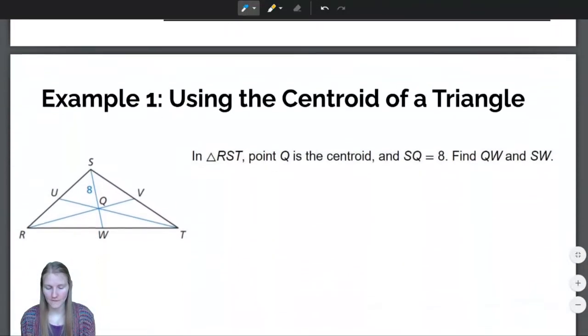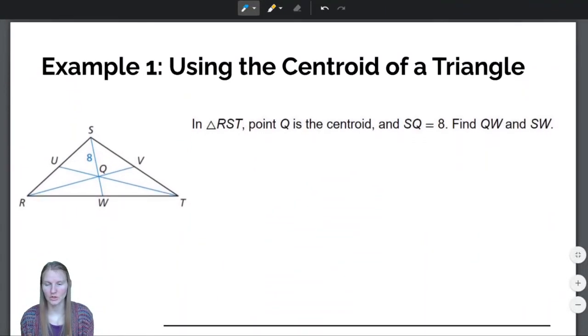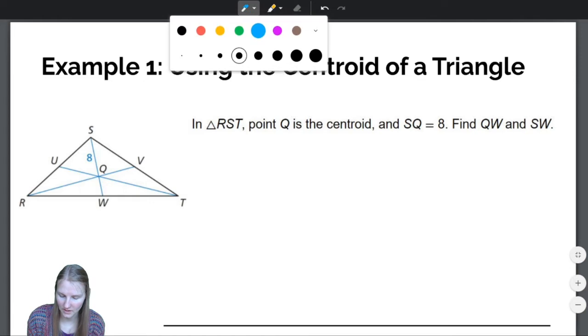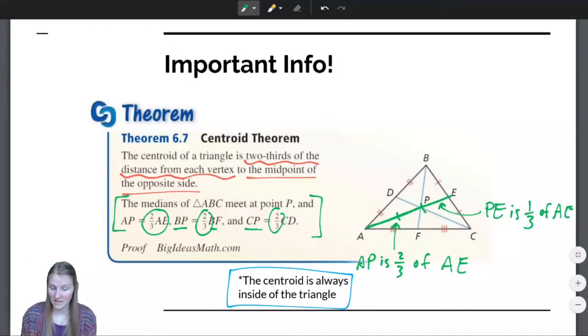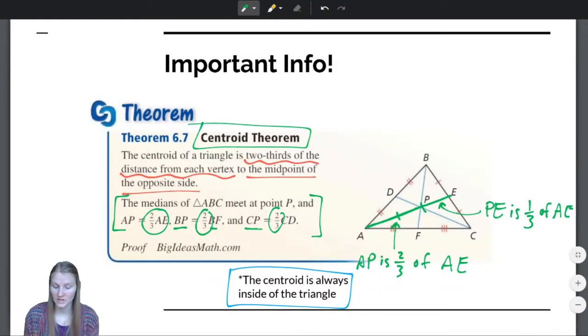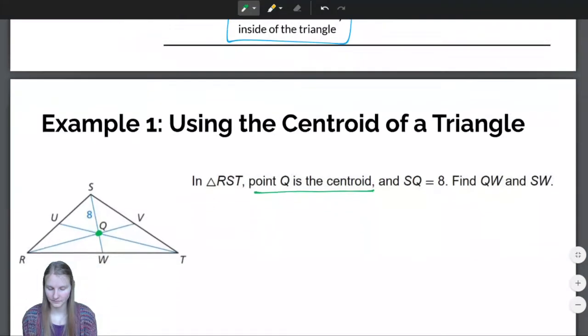Let's move on to our first example where we're going to use the centroid of a triangle. We're going to use the theorem that we learned about in the last slide. So, in triangle RST, point Q is the centroid. So let me get a different color. Point Q is the centroid, and that is important because that means now we can use this centroid theorem.